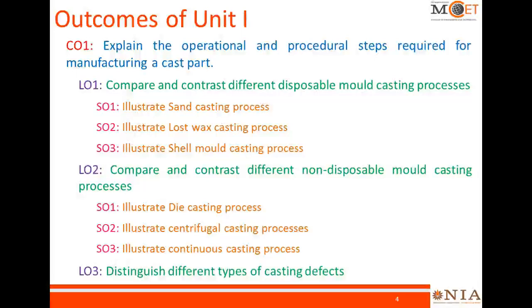This is divided into 3 specific outcomes. The first outcome is illustrate die casting process, SO2 is illustrate centrifugal casting process, and SO3 is illustrate continuous casting process. And the final learning outcome, LO3, is distinguish different types of casting defects. So these are all the outcomes of Unit 1.